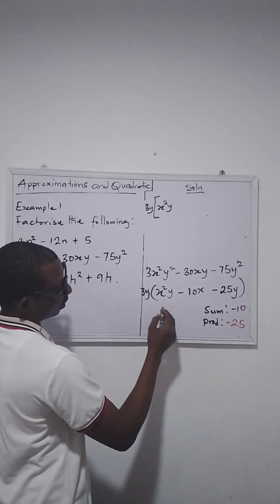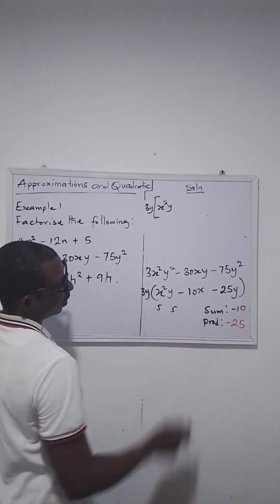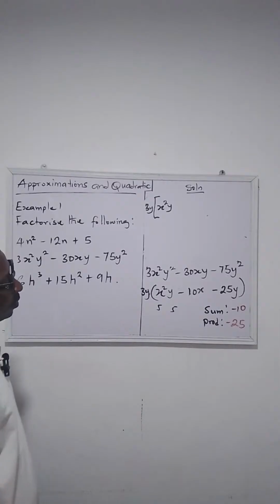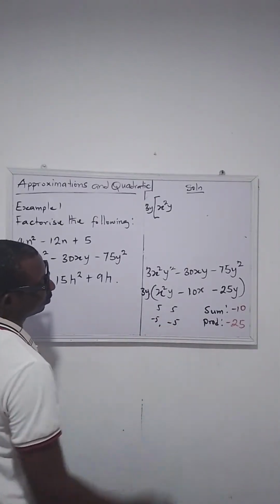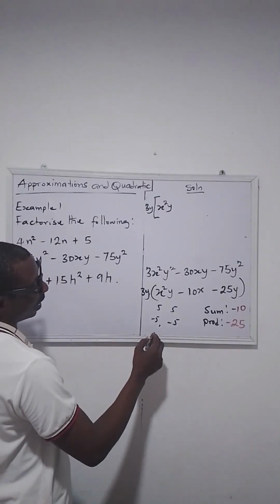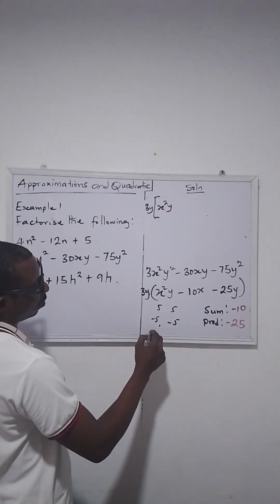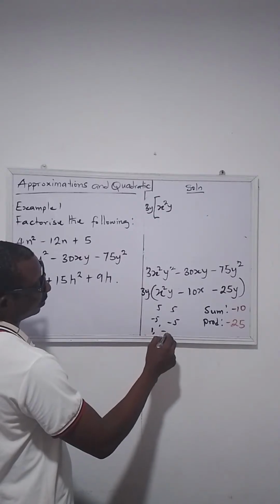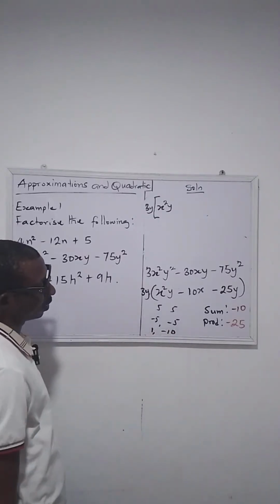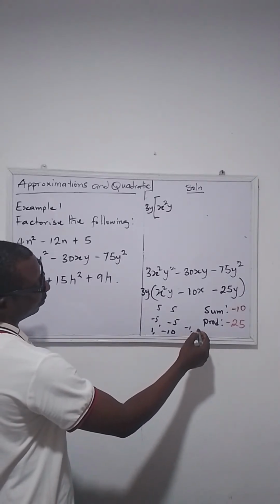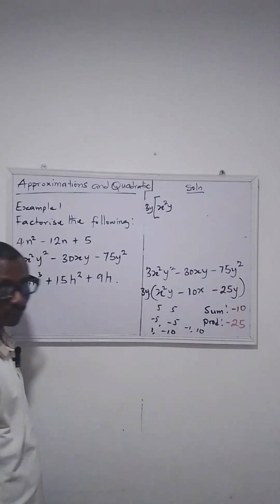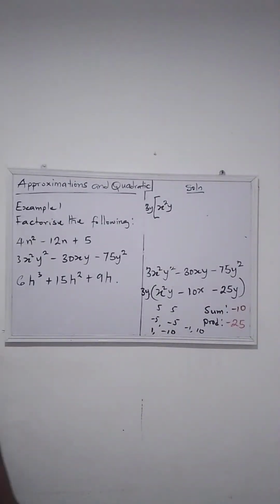I think the factors are 5 and 5, negative 5 and negative 5, and also 1 and negative 10, or negative 1 and negative 10. So these are possible factors.